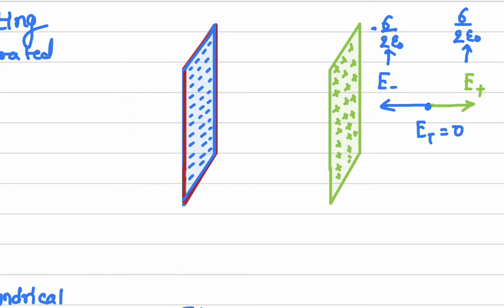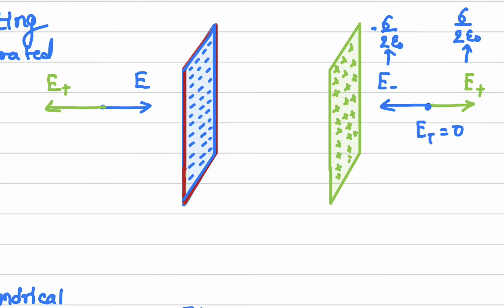Now let's talk about the other outside region, at this point. Again, the electric field due to this negative plate will be towards the plate. That means this is E negative. And due to this positive plate, it will be away from the plate.